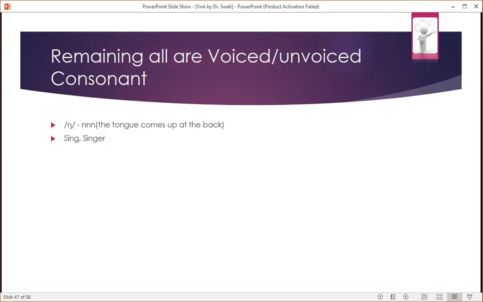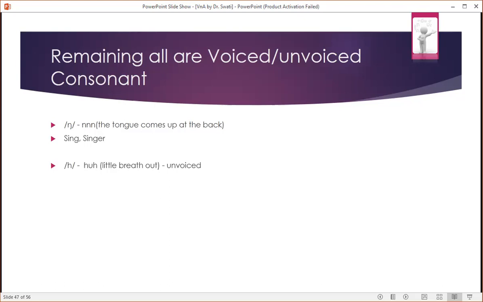Singer. It's similar to N, but the air is not coming out through the nose in the same way; it is coming from the tongue going backwards. Sing, singer.